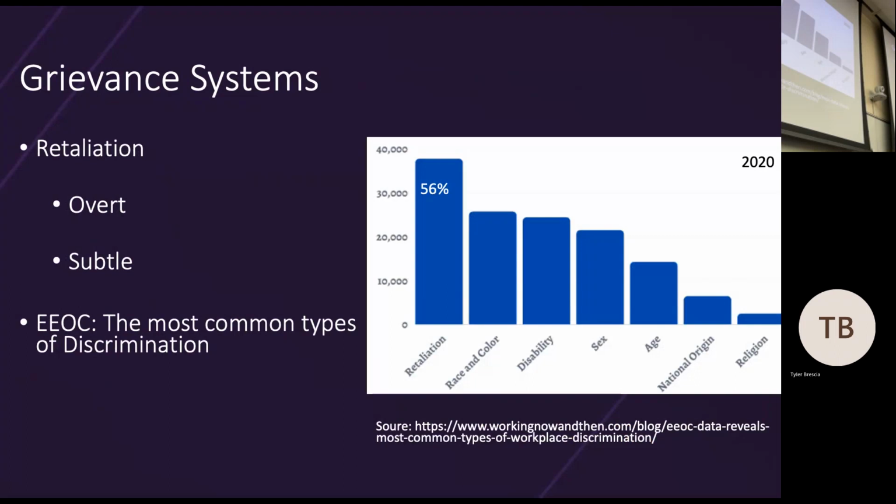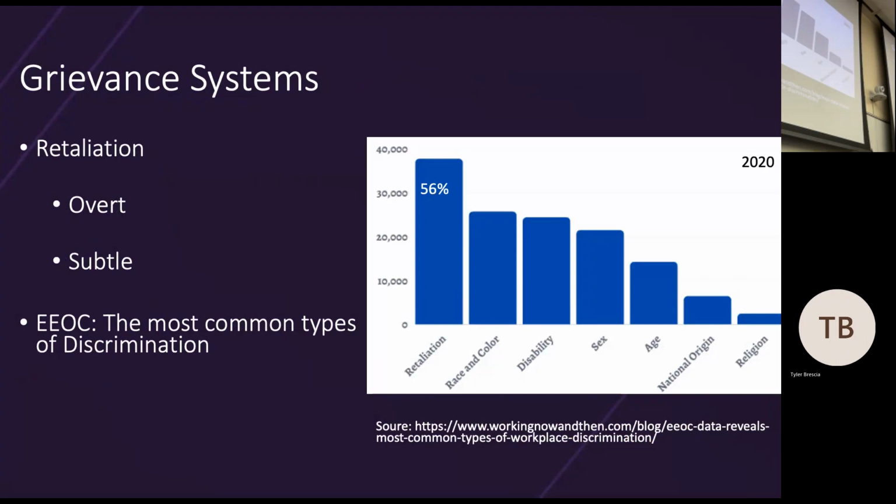So when you utilize a grievance process, the research shows that you're more likely to get retaliated against. That research is from the EEOC, the federal agency, where it shows that in 2021 it's 56 percent. In 2020, it's like 55.8, but a steady increase over the last several years.